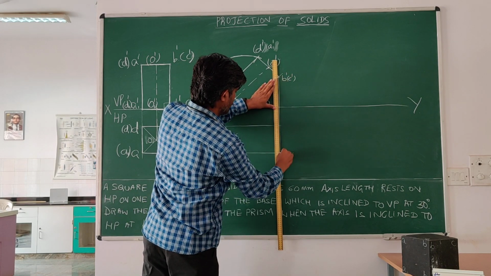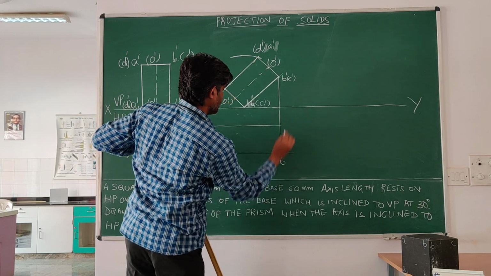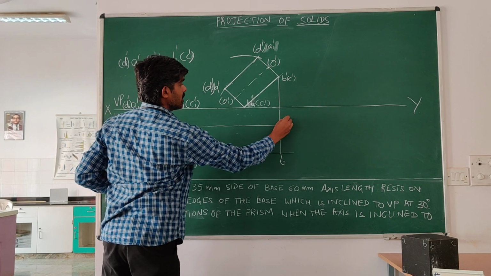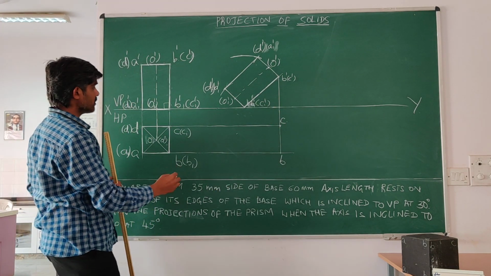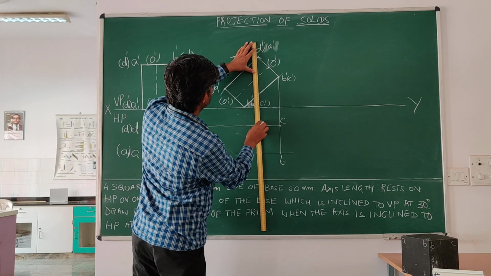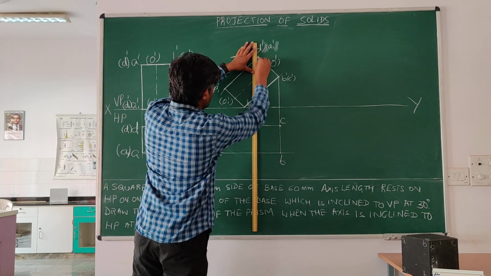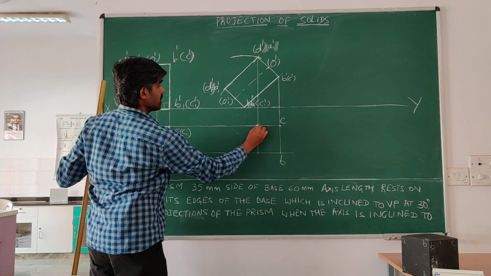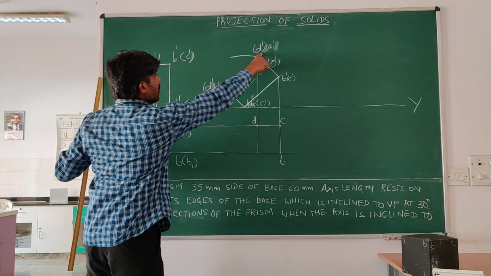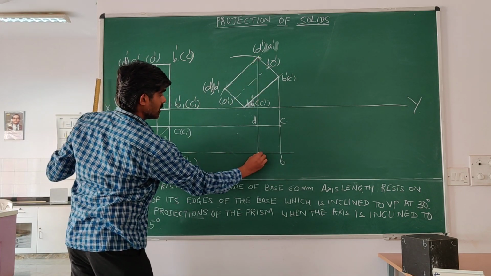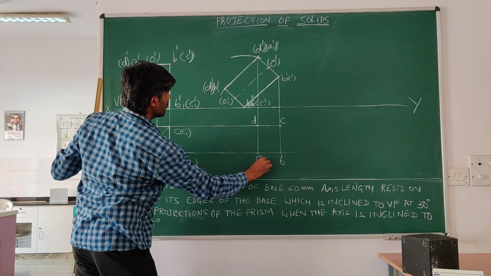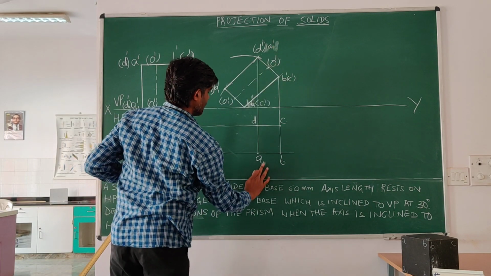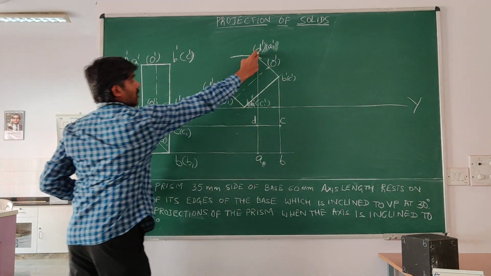So this point is B. Next, from C, this point is C. Next from D, this is the new D. Then from A1, this is A1. Sorry, this is A.